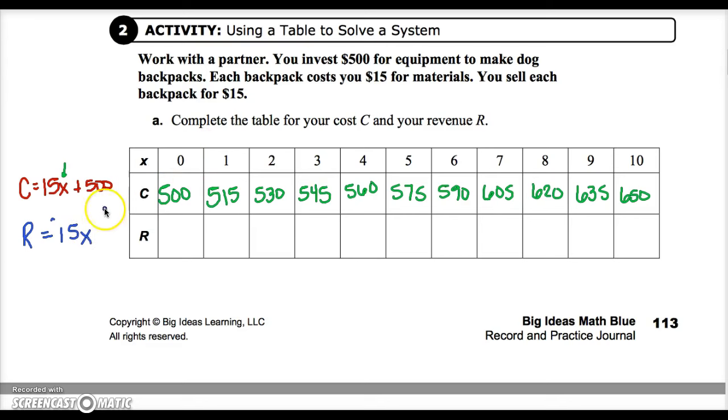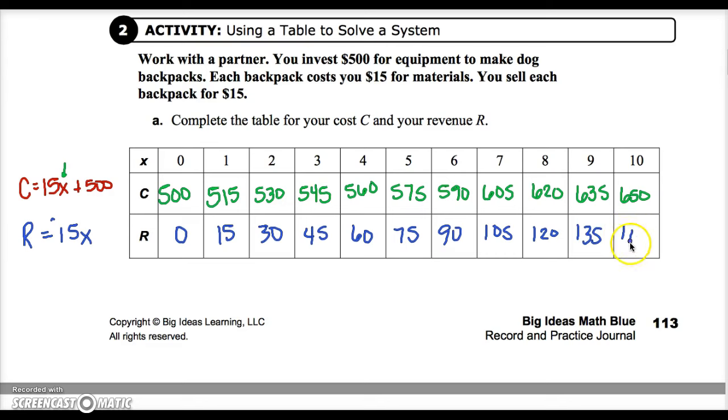So if x is 0, 15 times 0 is 0. 15 times 1 is 15. 15 times 2 is 30. And again, it's going up by 15s. So I'll go ahead and fill this out. That's 150.